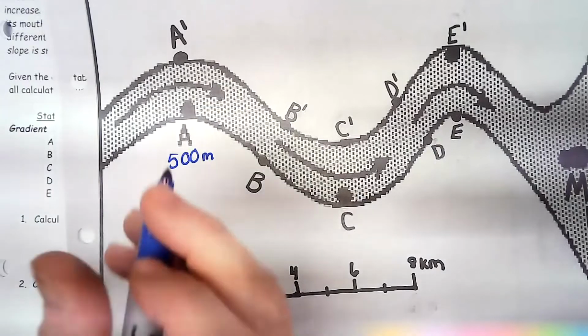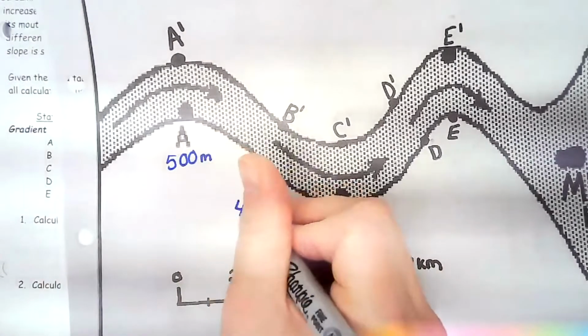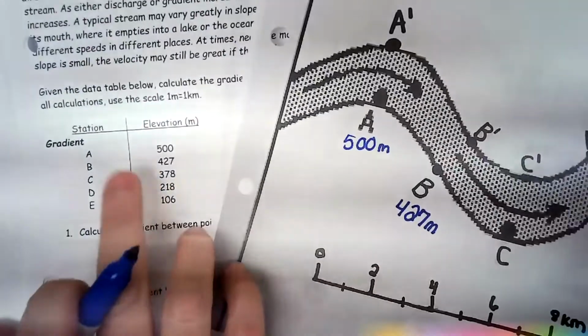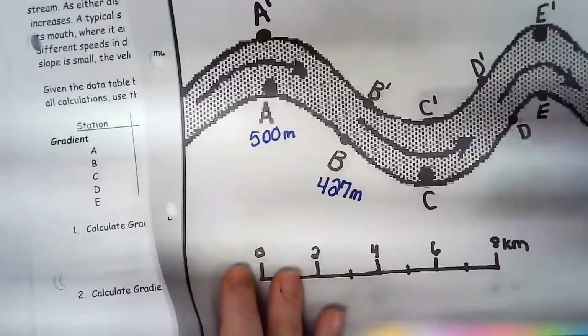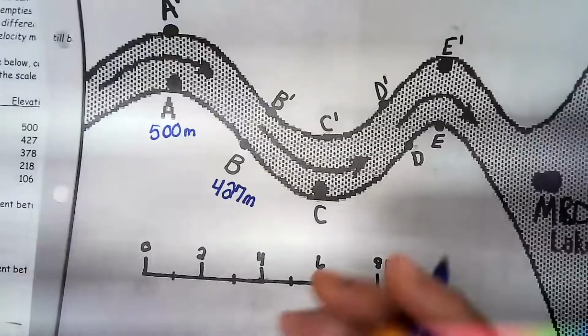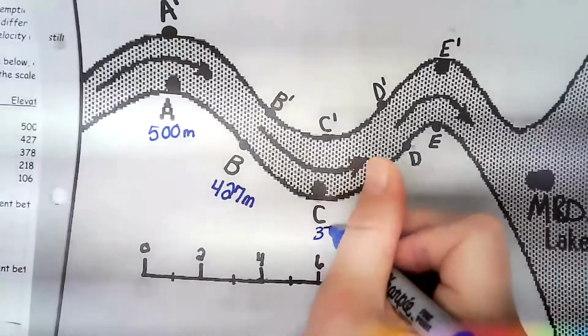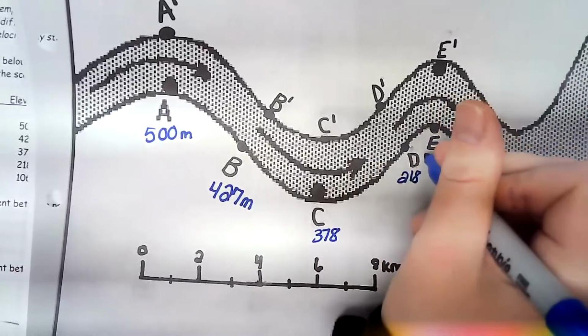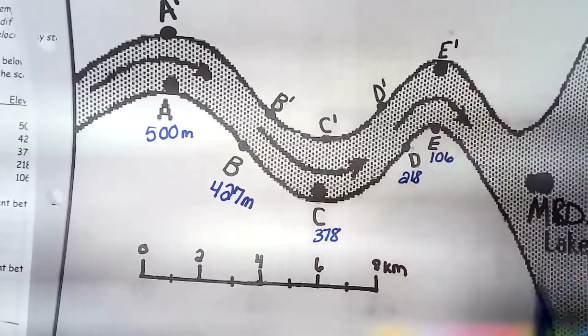The elevation at B is 427 meters, and again, I'm getting this right from page 25. C says it's 378, 218, and 106. So that was right off the paper.